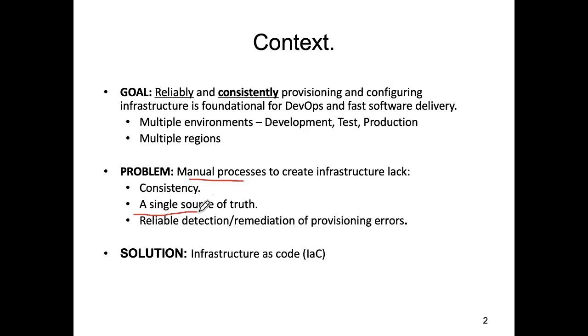This is an expression that we use a lot in software engineering. You know, the steps that you may need to go through to provision the infrastructure, okay, you may document them and make that document available to other people that may need to provision the exact same infrastructure.